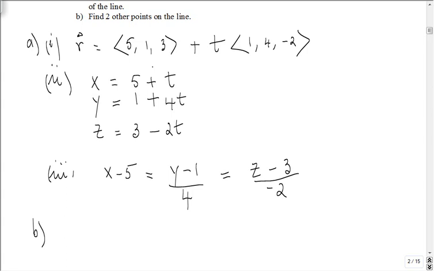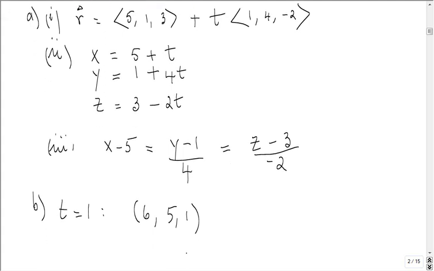Now note, if I put t equals 0, I get the point 5, 1, 3. We already have that point, so don't choose t equals 0. Okay? So maybe we can choose t equals 1. So t equals 1 gives you what point? 6, 5, and 1. And then take another value for t, and you get another point.